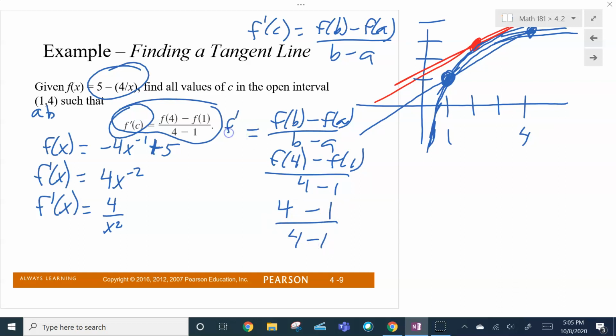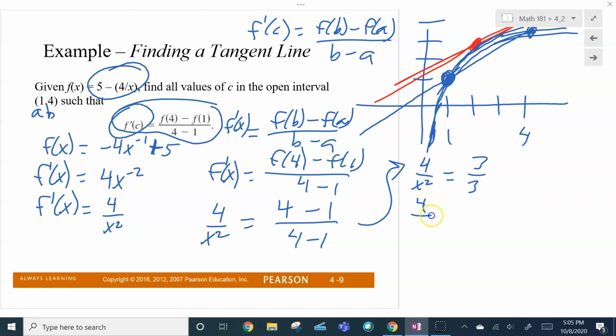This is supposed to be equal to f prime of x, which is 4 over x squared. X is our c, if you will. So it's 3 over 3, so 4 over x squared equals 1, whereas x squared equals 4, x is plus or minus 2, but we're only looking between 1 and 4. So it's got to be the 2.